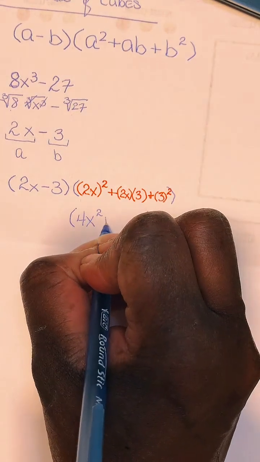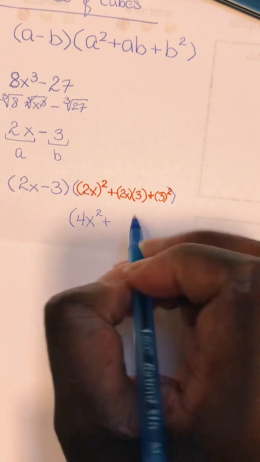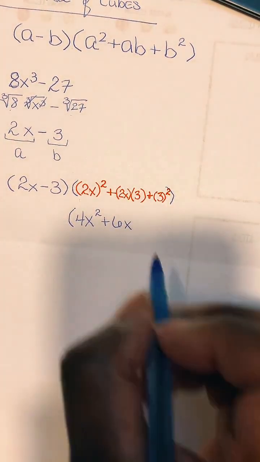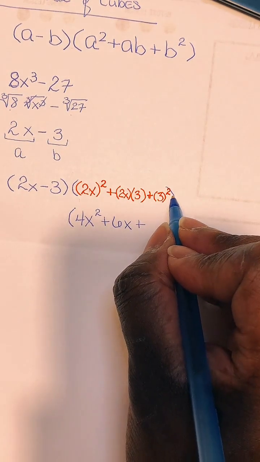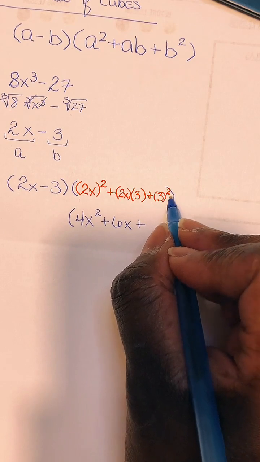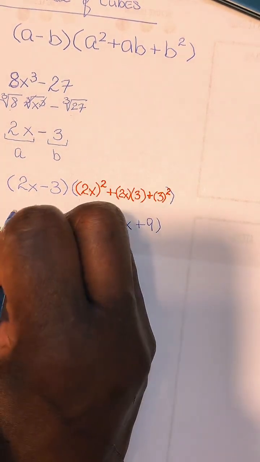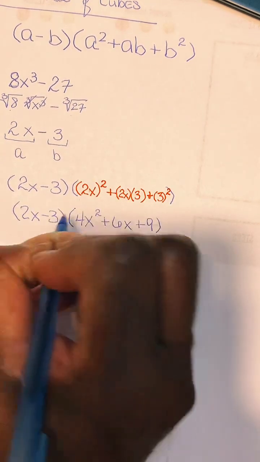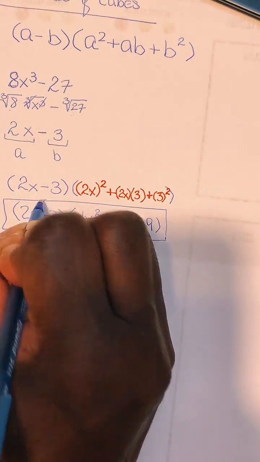Bring down the plus sign. 2x times 3, that gives me 6x. Bring down the plus sign. 3 squared, that means 3 times 3, that gives me 9. So I bring down my first parenthesis, and this is my answer.